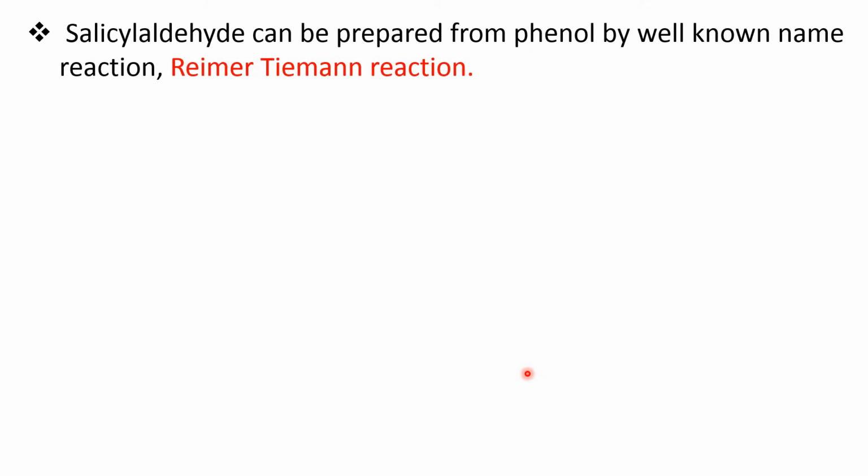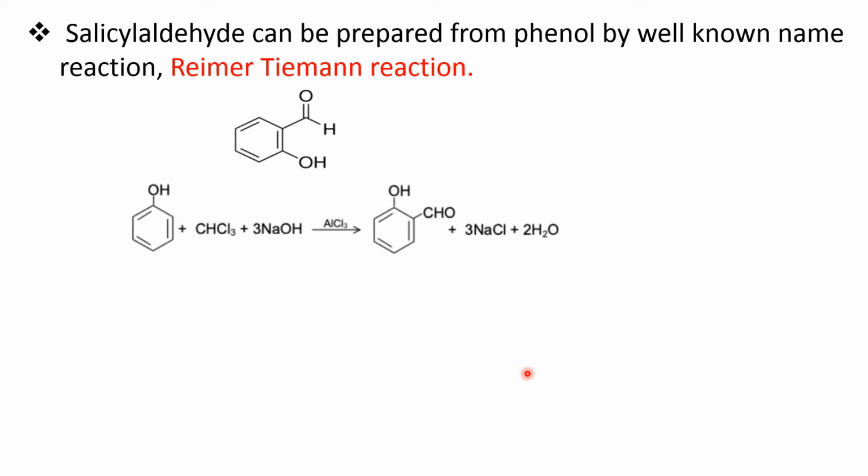Now, salicylaldehyde can be prepared from phenol by a well-known name reaction, that is Reimer Tiemann reaction. It is given in the riddle that Y is prepared from X by a well-known name reaction. So, what is Reimer Tiemann reaction?